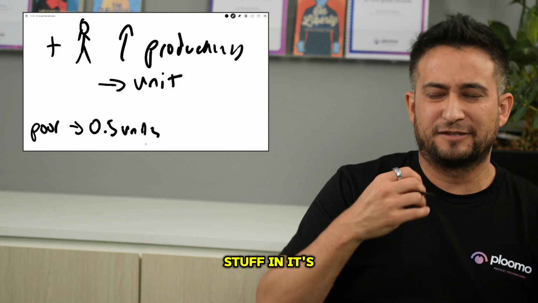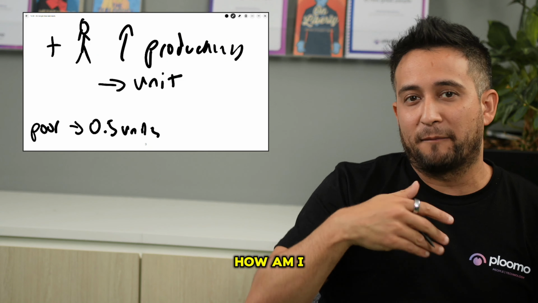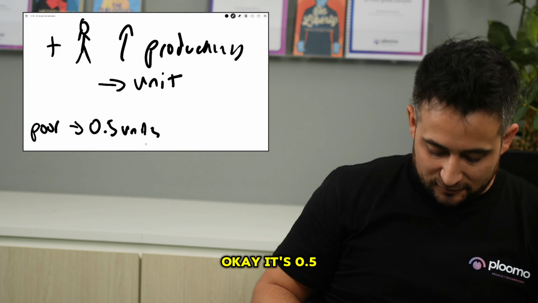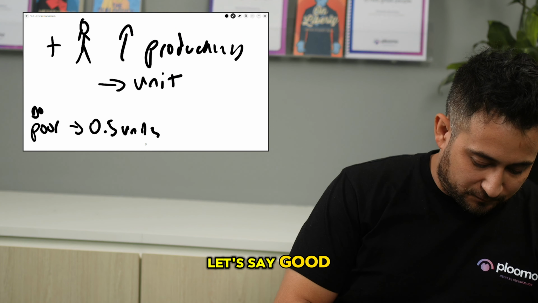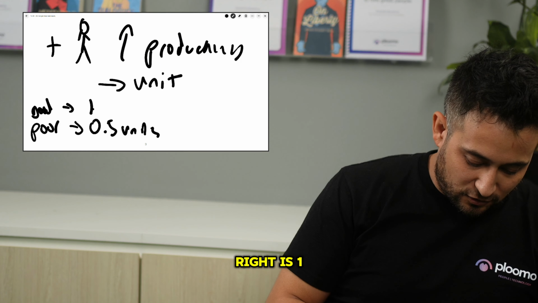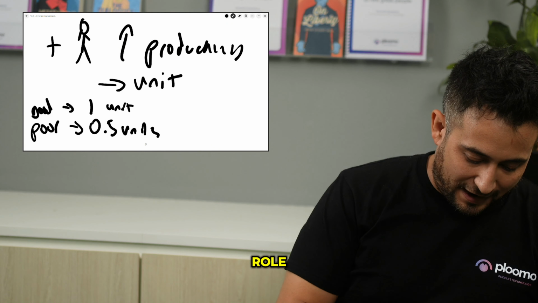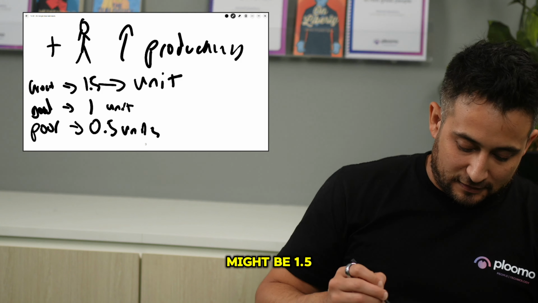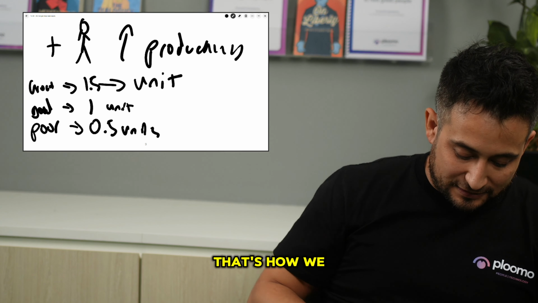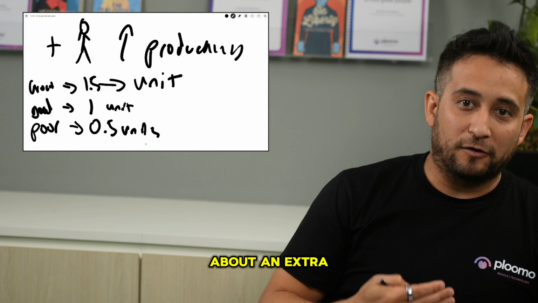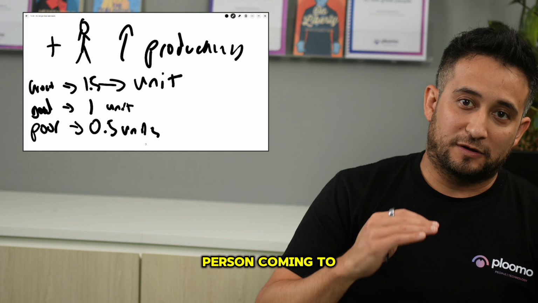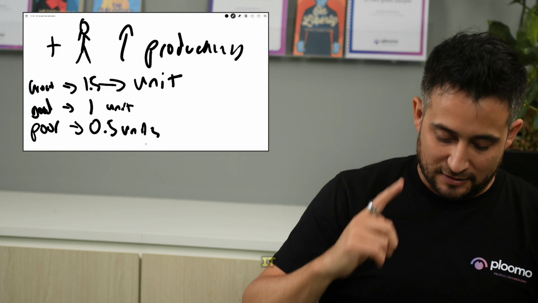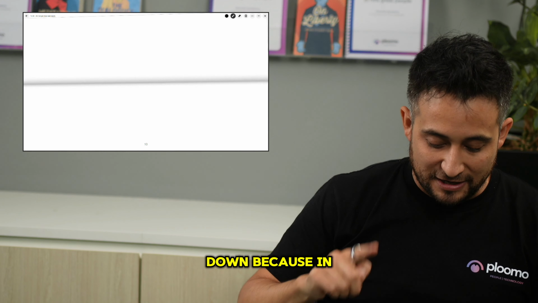They put stuff in. It's not the best, but how am I going to find someone better? It's okay. Let's say good is 1 unit in the role, and great might be 1.5 units. That's how we tend to think about an extra person coming to our team and what they're going to contribute. Now, this is where it breaks down, because in reality, it's different.